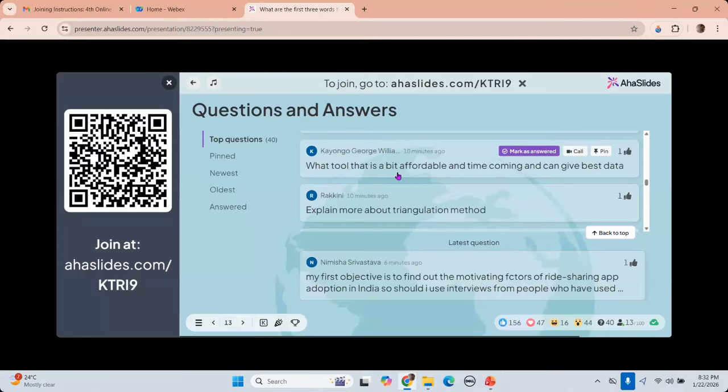What tool is a bit affordable and time-saving? If you're talking about the qualitative part, and if your university is going to subscribe to an annual subscription, I suggest going with MaxQDA.